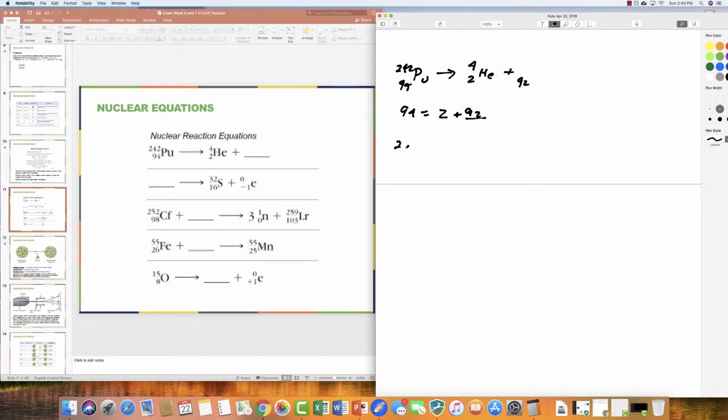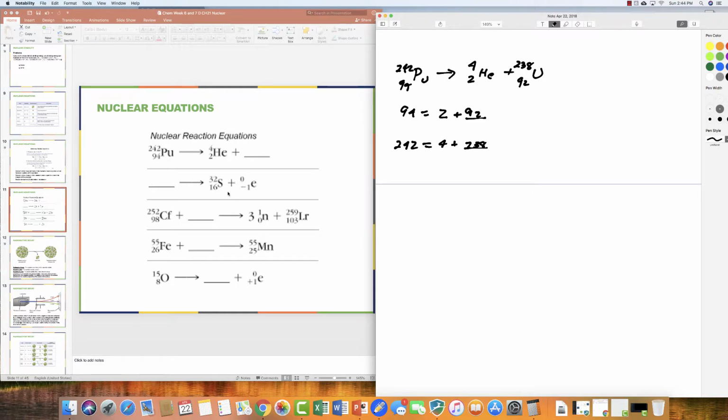Also, 242 has to equal 4 plus something. You subtract 4 from 242 and you get 238. And 92, if you look it up in the periodic table, is uranium. So plutonium-242 breaks down to form an alpha particle plus uranium-238.